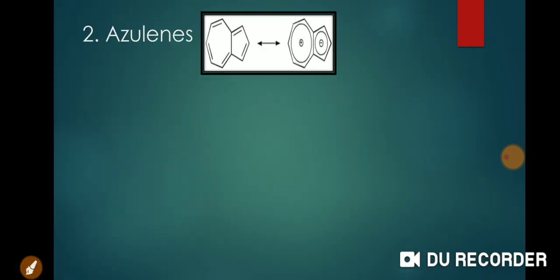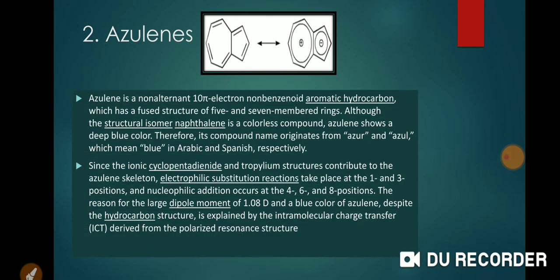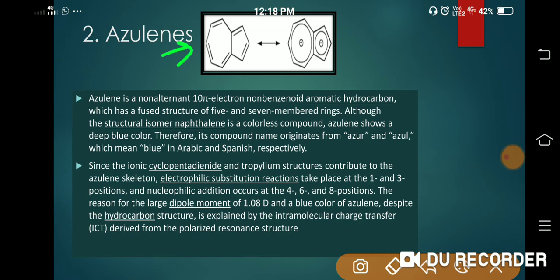Then the next point of this PPT is azulenes. This is the structure of azulene. They are generally present in a charged manner, where cycloheptatriene is connected to cyclopentadiene.